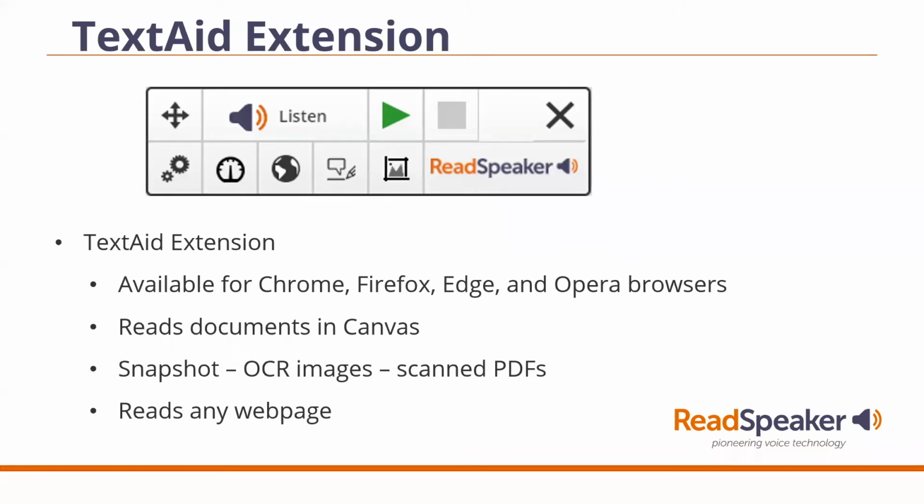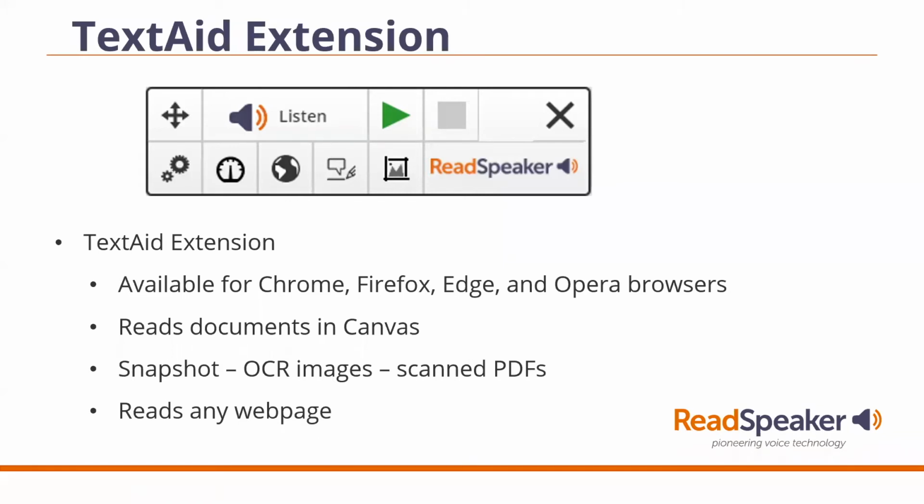Well, if you need to read something and it's a printed document and you scanned it and you put it up there, then you got a problem. That's one giant image. Well, we can't make it accessible for you, but we can make it readable for your students by using the Snapshot tool in TextAid.